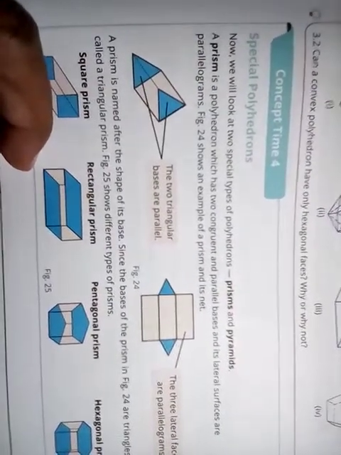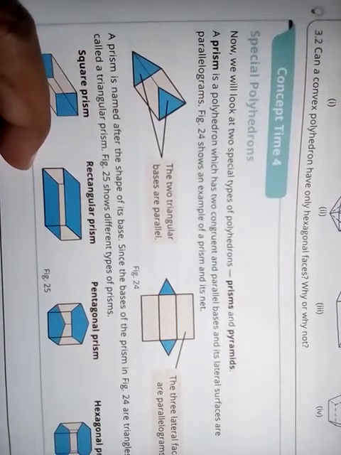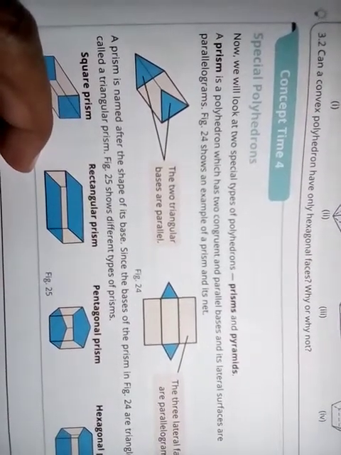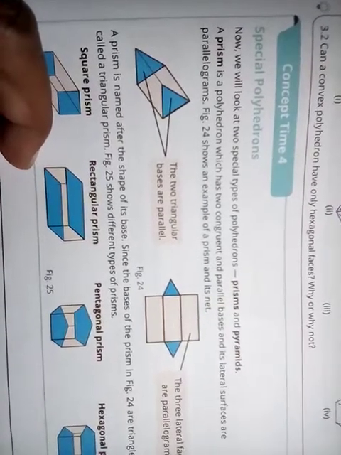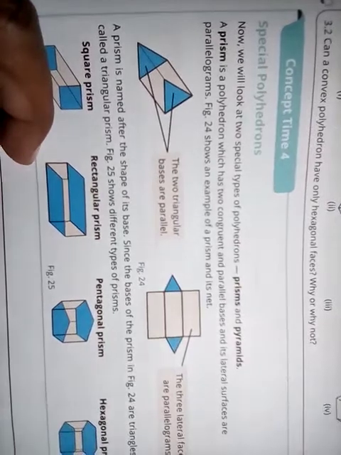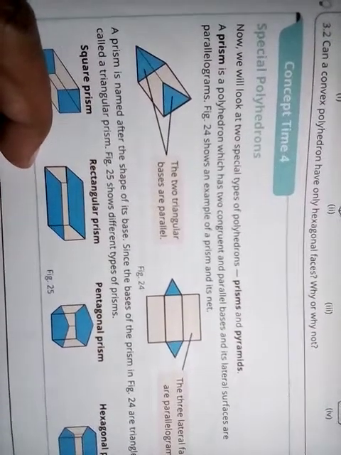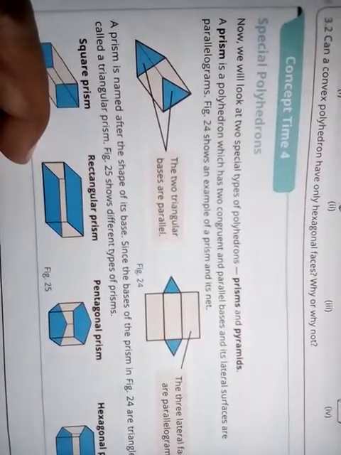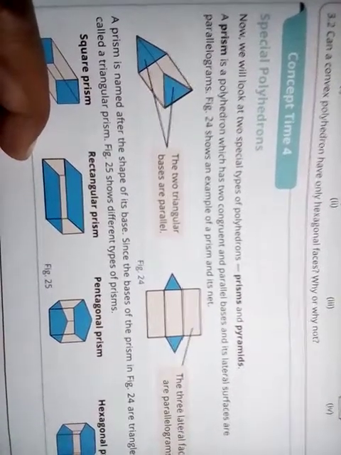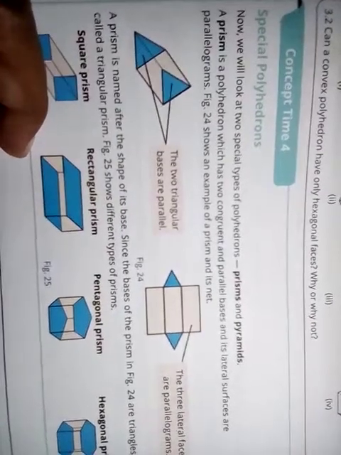So dear students, concept number 4. Now we will look at two special types of polyhedron, that is prism and pyramid. A prism is a polyhedron which has two congruent and parallel bases, and its lateral surfaces are parallelograms. Figure number 24 shows an example of a prism and its net is this.